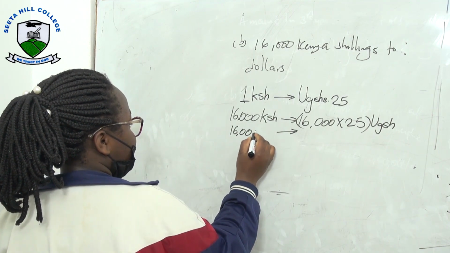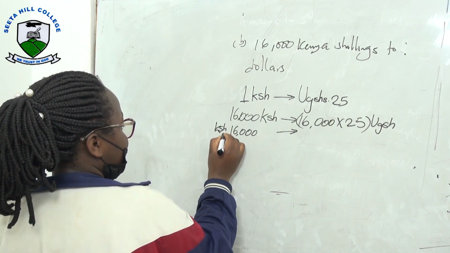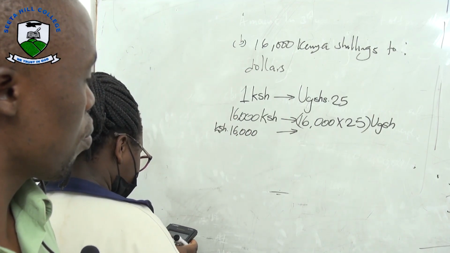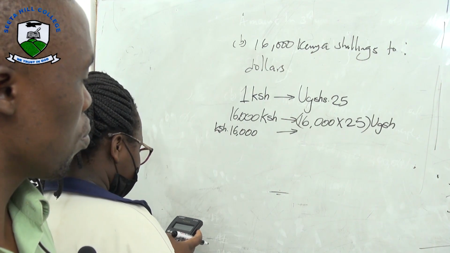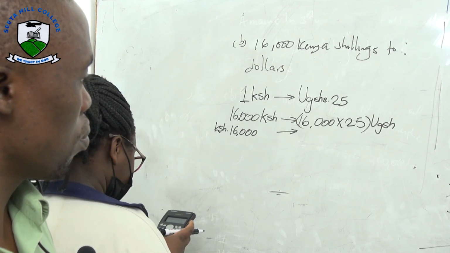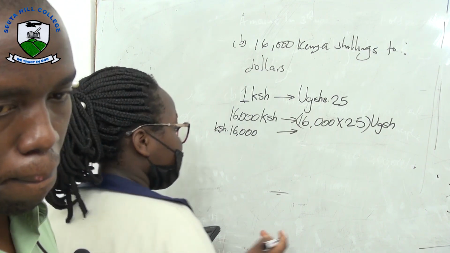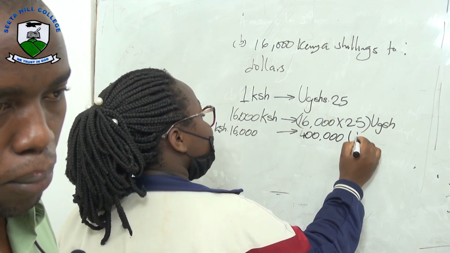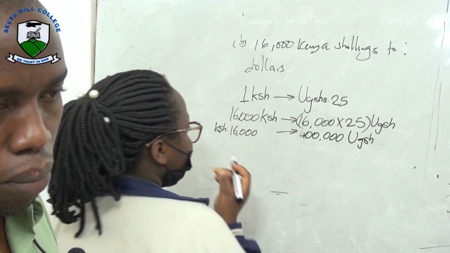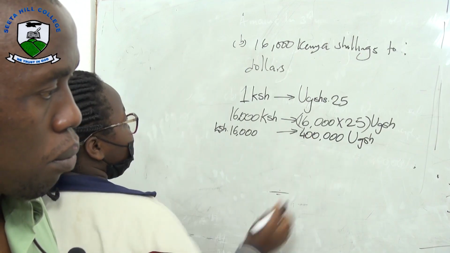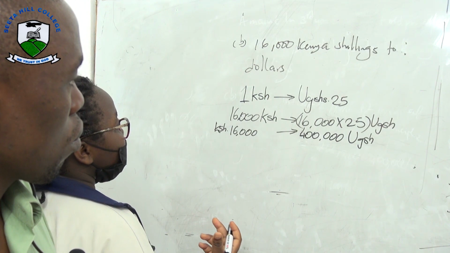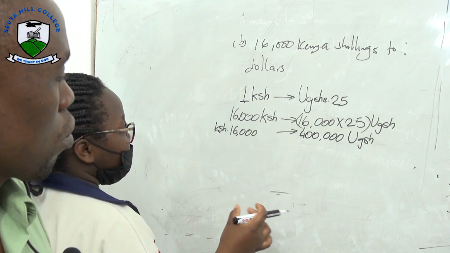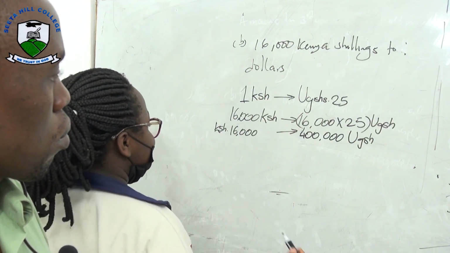So 16,000 Kenya shillings will give us 400,000 Uganda shillings. Since we have already got the Uganda shillings, we can now convert to the dollars.